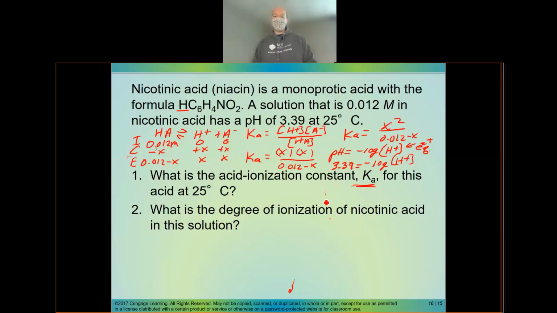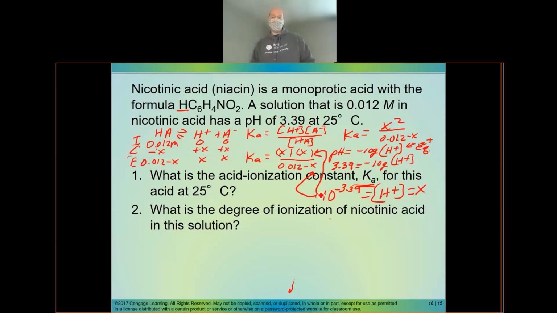So this is 10 to the negative 3.39 is equal to the H plus concentration. All right, and so that is then equal to x. And so then you plug that in to x right here, you plug that in to x right there, and you have your answer.